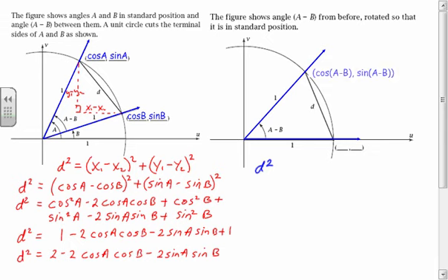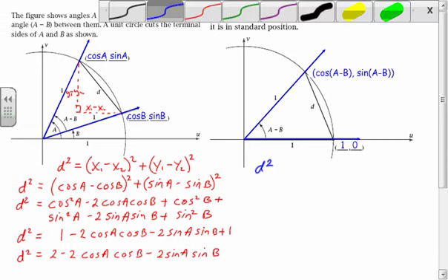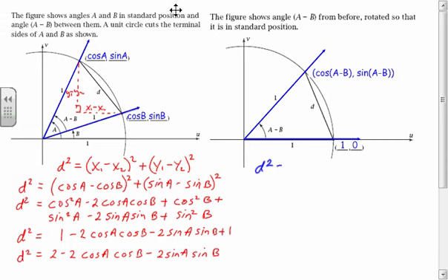So now I'm going to figure out D squared again using the coordinates of the points. These coordinates would be cosine A minus B, sine A minus B, and down here the coordinates would be 1, 0 on the unit circle. So I'm going to do D squared again using the distance formula.